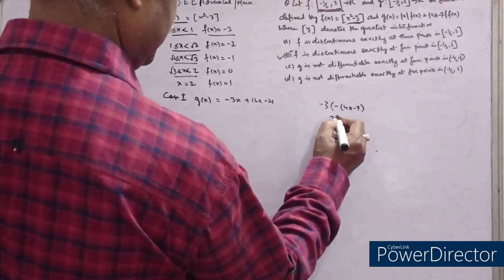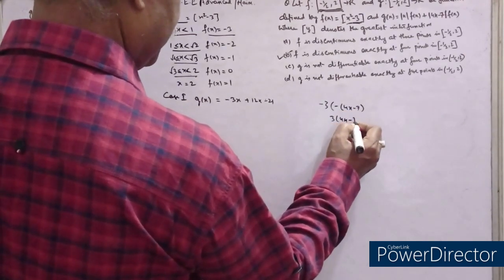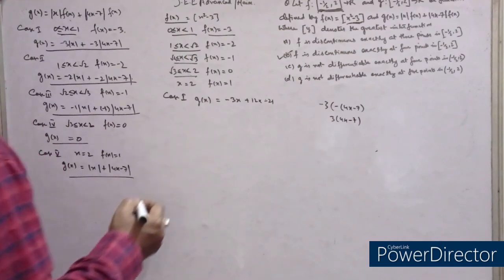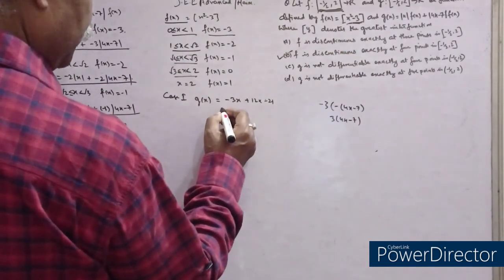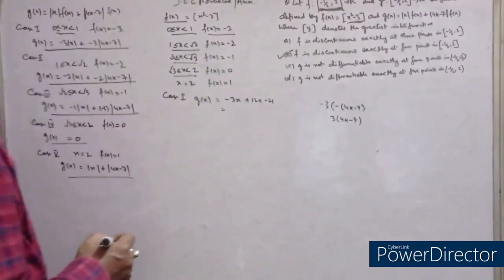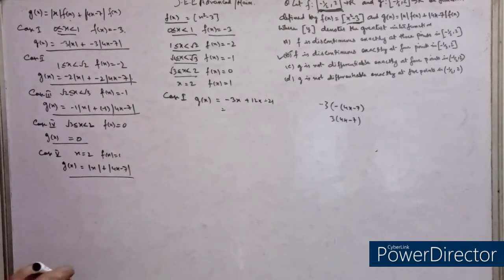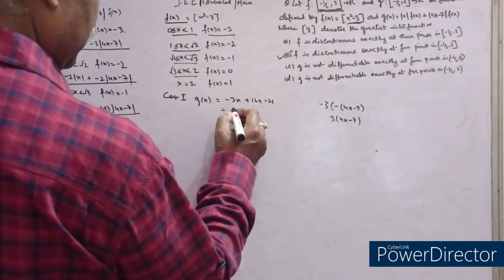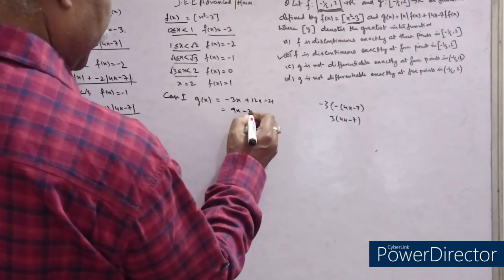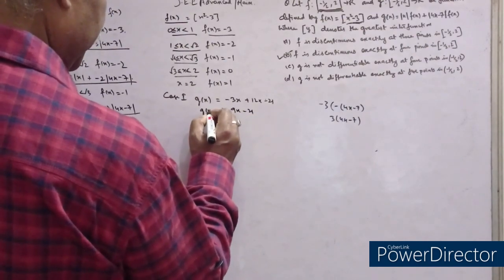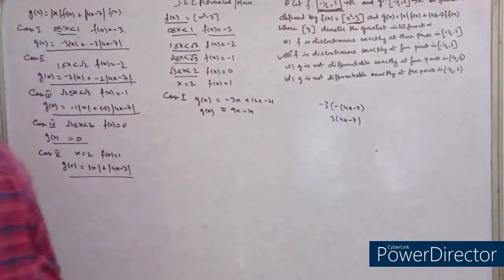From here we get 12 minus 3, that is 9x minus 21. So your g(x) will be 9x minus 21.